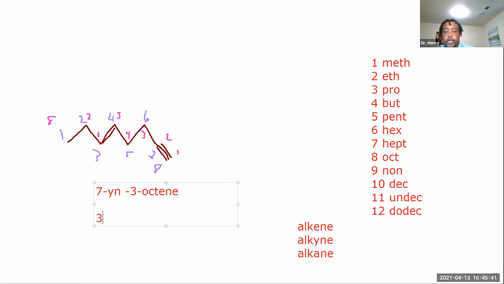So I can go 3 dash... actually, there's 3 ways. N-dash-ene. Okay. So then that tells me this refers to the diene, and this refers to the yne.